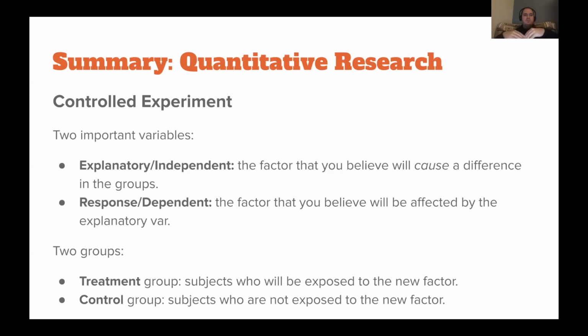That's why it's called dependent, because it will change depending on which values of the explanatory variable are being applied. And then there are two groups here, treatment and control, but I've already talked about it, right? Control is the baseline, and treatment is the one that will be exposed to the intervention.